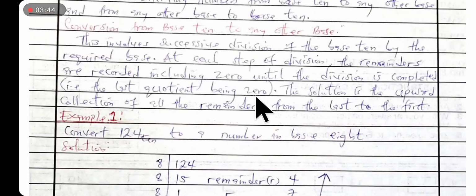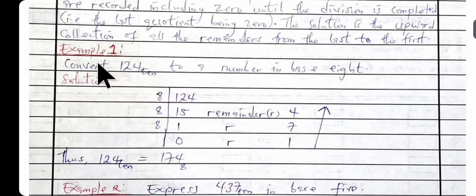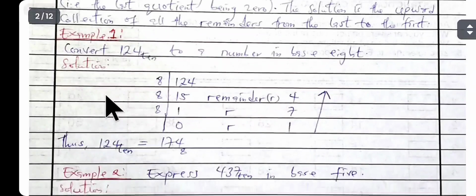The solution is the upward collection of all the remainders from the last to the first. Let me explain with this example. What it's all about is that you have to divide successively with the number you are converting to. Then you copy the remainders upward. That is what that is saying.